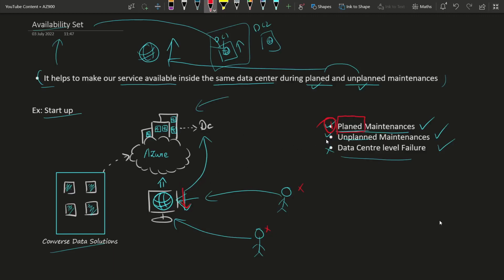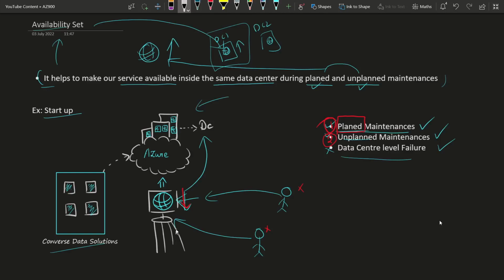The second one is unplanned maintenance. Assume that this is the server. If we want to make our server available, what are the things we require? One is a continuous network connection. Another is a power connection. Likewise, we have the cooling system and network switches. These are the factors which help to make our server available.